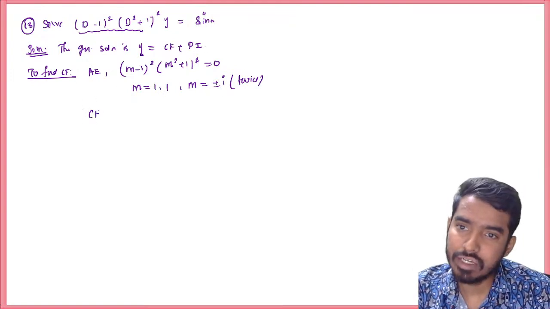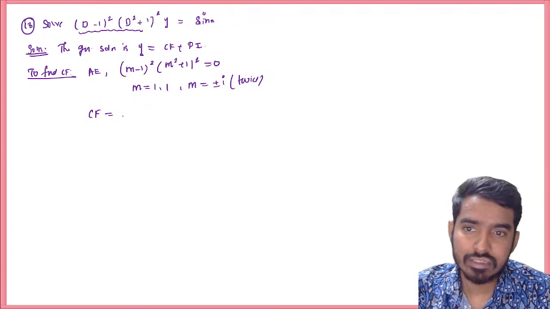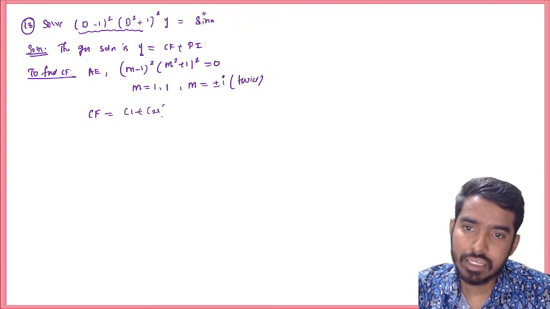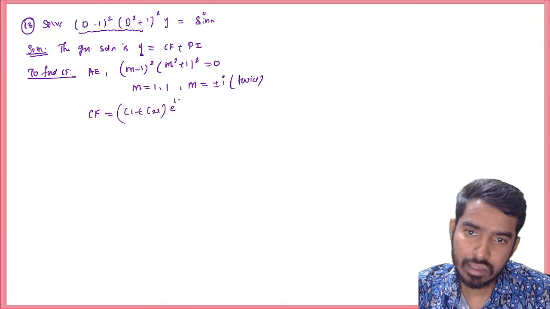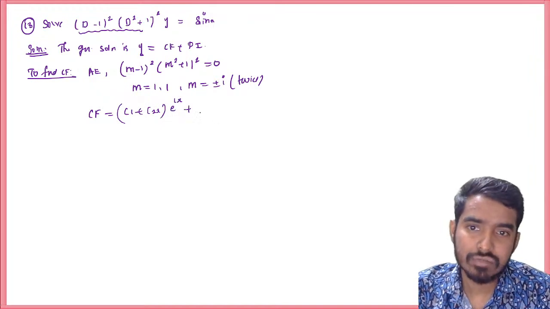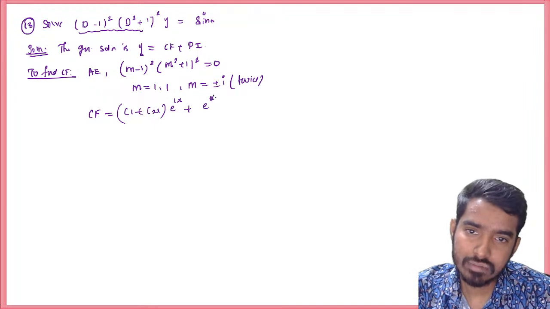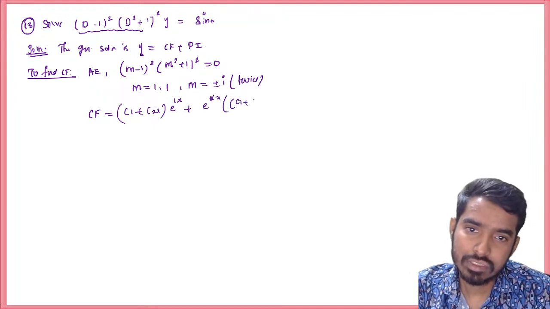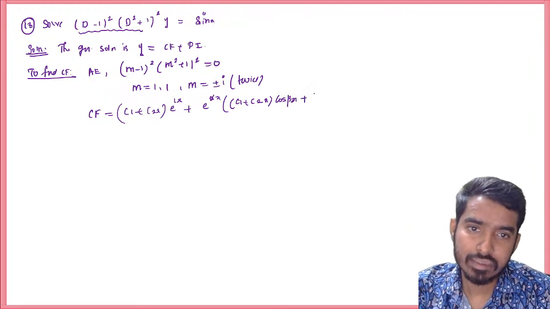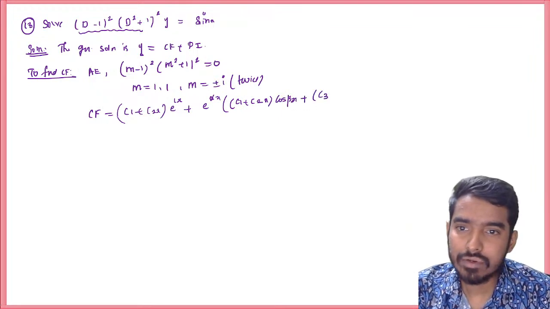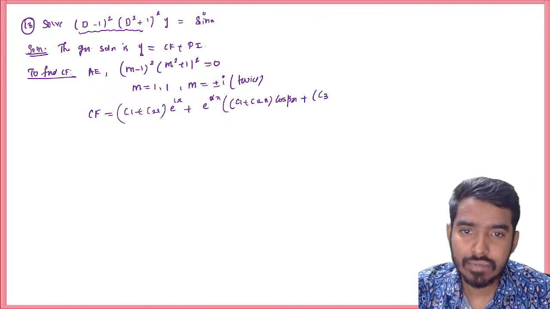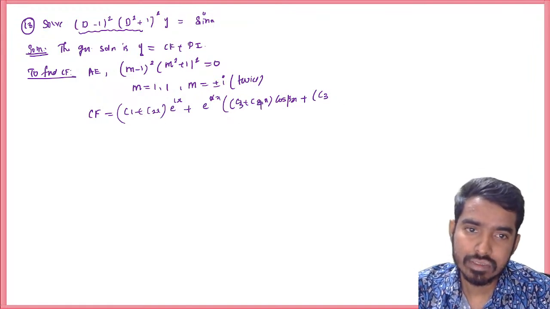So what is the characteristic function? Write the characteristic function for this: C1 plus C2x, e power m1 x. What is the characteristic function for the other? e power alpha x into (C1 plus C2x) cos beta x. Okay, we already used C1, C2, so we'll start with C3, C4, C5.